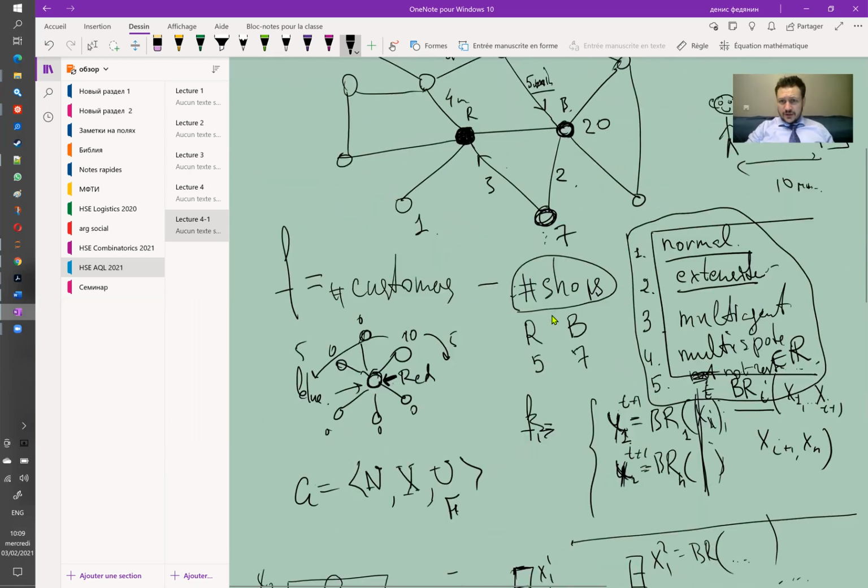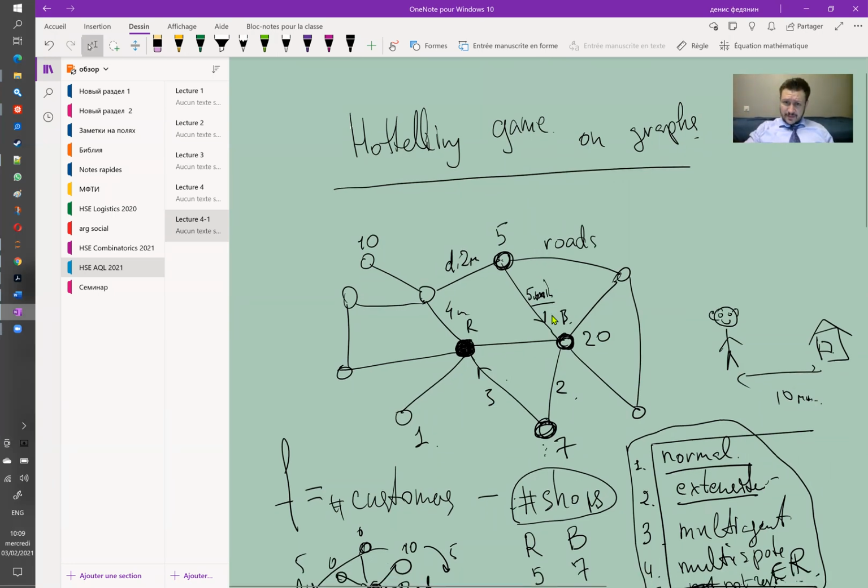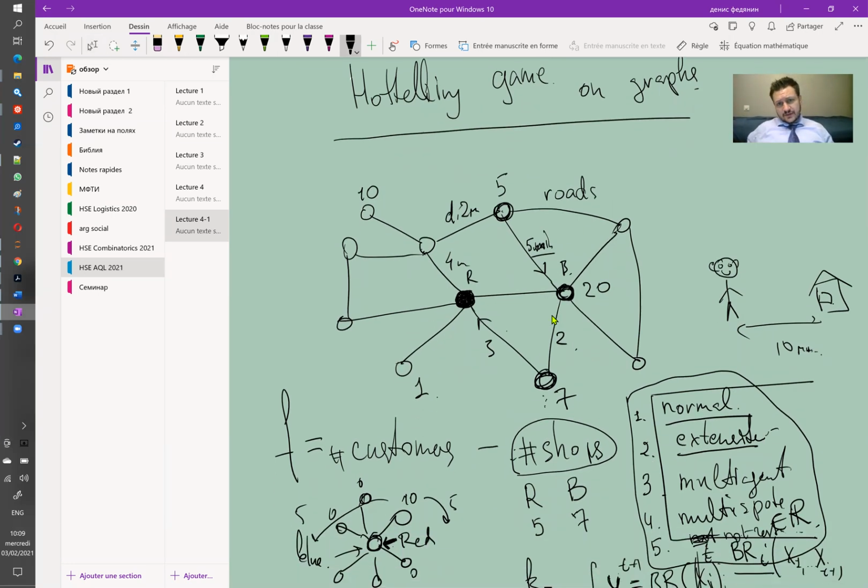Okay, what about knowledge? Why have I mentioned it? In some cases, it could be that several roads are not known to all agents. For example, this road is known only to red, not to blue.